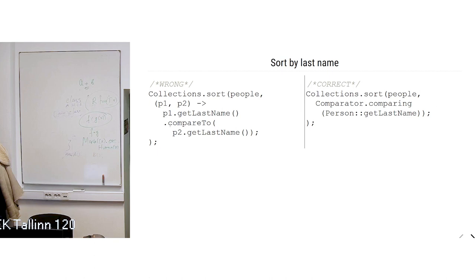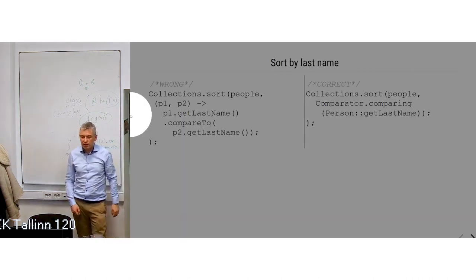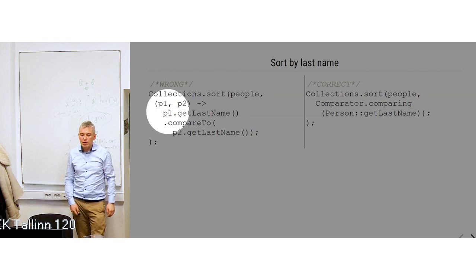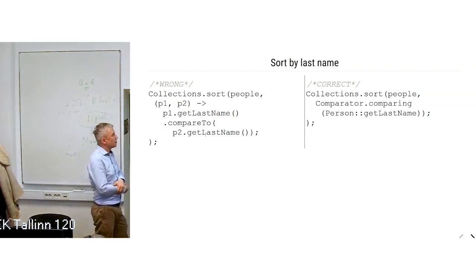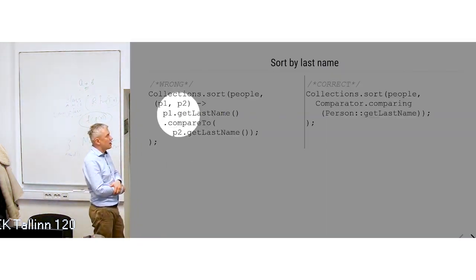As you might imagine, there will be lots of code for an anonymous class: new Comparator and so on. You can use a lambda here: p1, p2, p1.getLastName compareTo p2.getLastName. And this is a correct lambda.